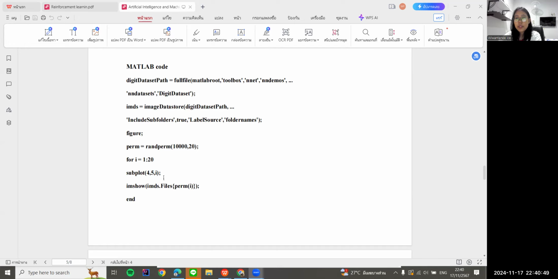The digit dataset path defines the path of the digit dataset in MATLAB. The image datastore is created as an image dataset manager that manages images and subfolders. Count each label checks the number of images in each label. Then it lists the first image in the data and checks the size of the image, such as width, height, and number of color channels.